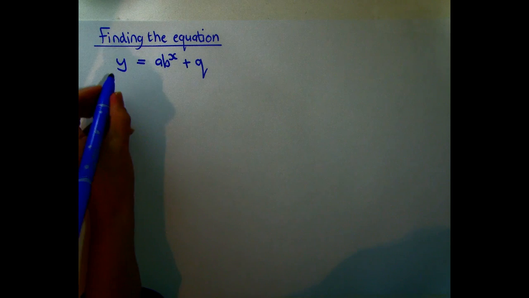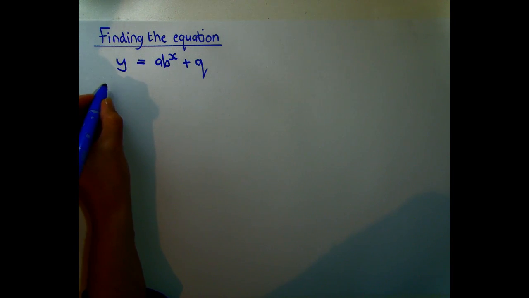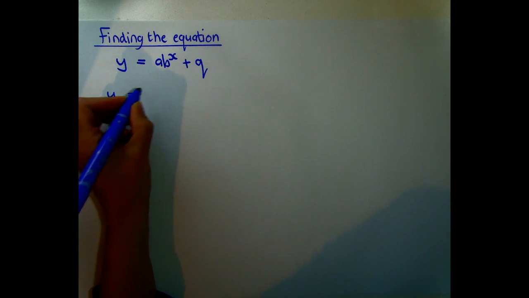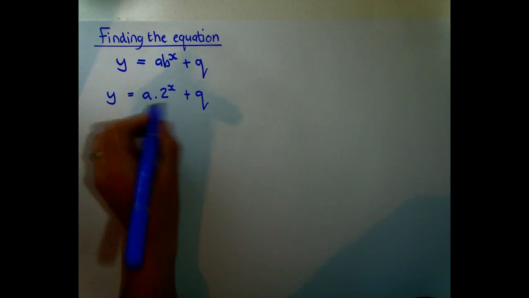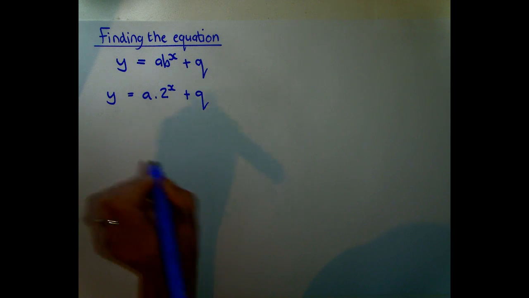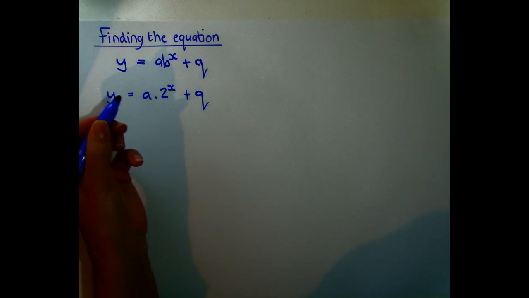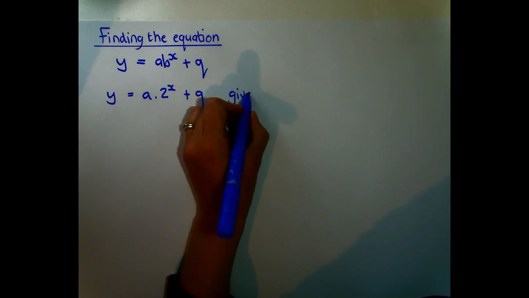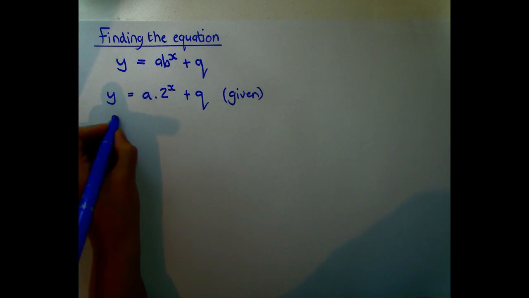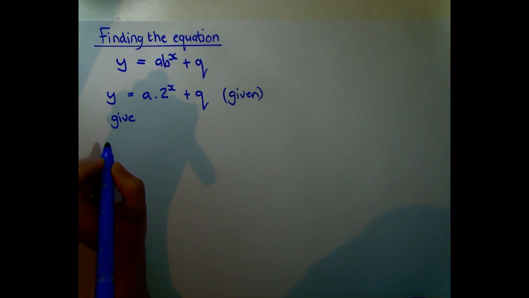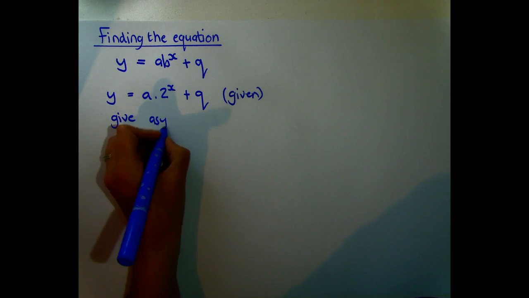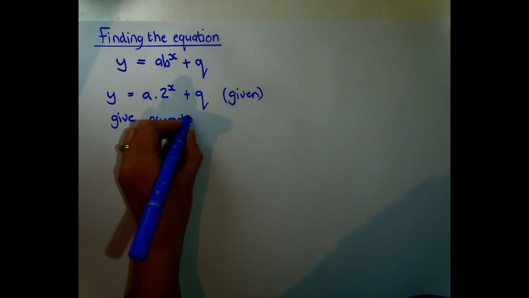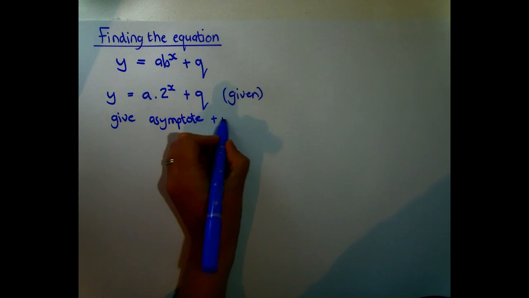So what they often give is a partial formula. They'll give you, say, y equals a, which they don't have, and then they'll tell you that b is 2 to the x, and then they will tell you that you're adding q. So they could give you that, and then they might also give you a sketch that shows the asymptote and perhaps the y-intercept.